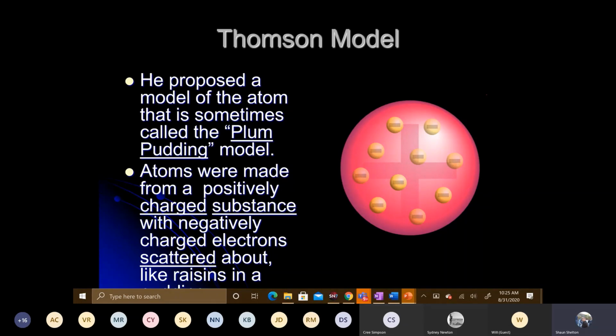So obviously that's what he concluded with his model. Now there's some truth to it, because there are electrons and there is a positive charge, but the question is really, where is the positive charge? He could not explain that.